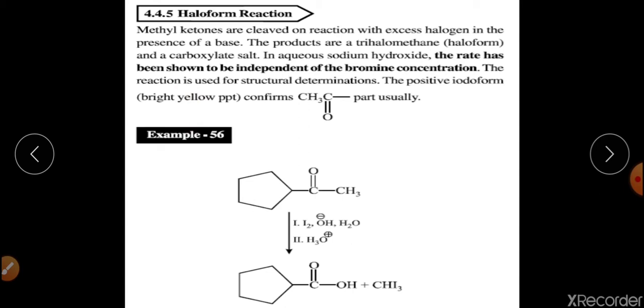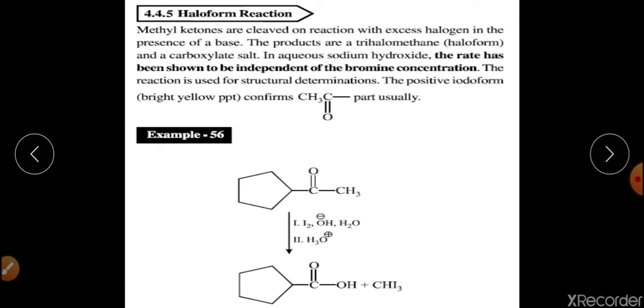So formation of that yellow color precipitate is an indication of preparation of the iodoform, and we can say that after this formation of iodoform, that particular ketone has been oxidized to carboxylic acid, right? And this is a test that confirms this particular group, that is the CH3C=O group.